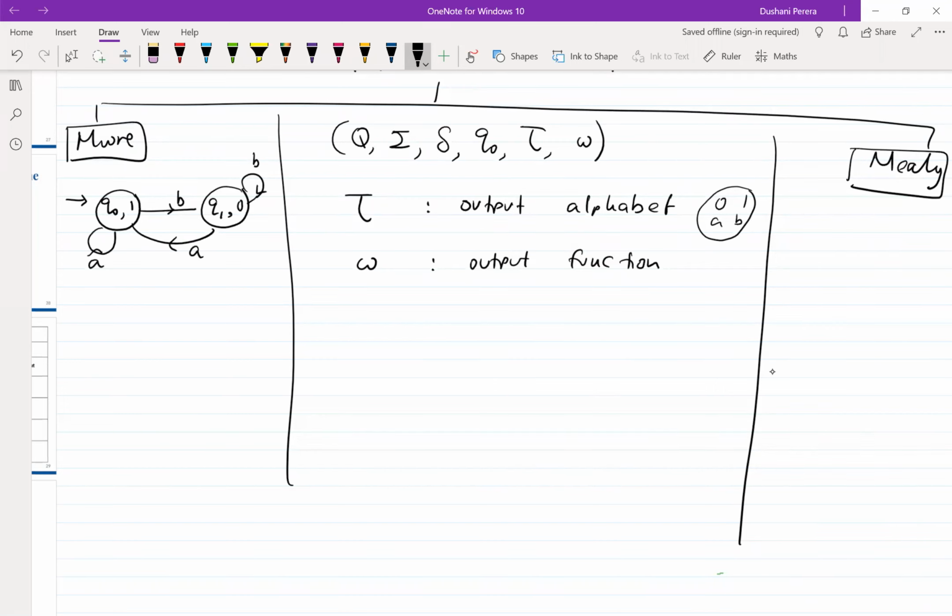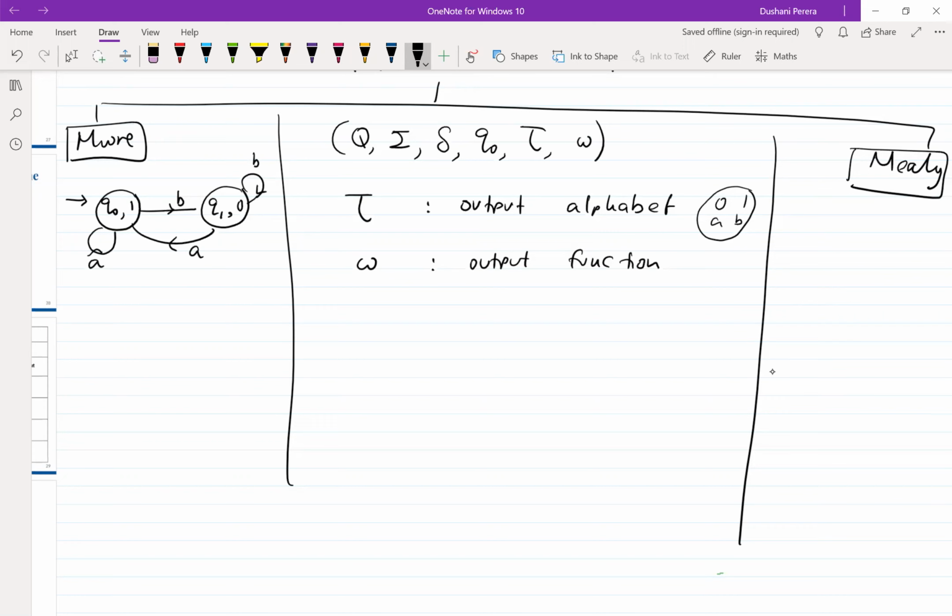Each state is associated with a symbol which comes from the output alphabet, which means each state has an output. At q naught you will see 1 getting printed, then at q1 you will see 0 getting printed.